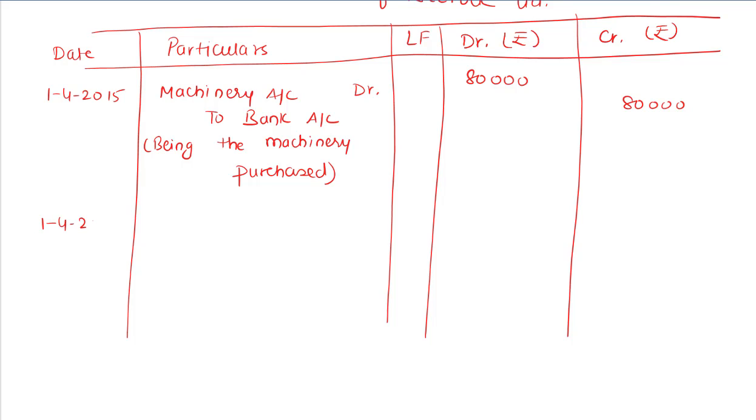The next entry would be of the same date, 1/4/2015. Machinery account debit to bank account 20,000. This 20,000 relates to cartage and installation.